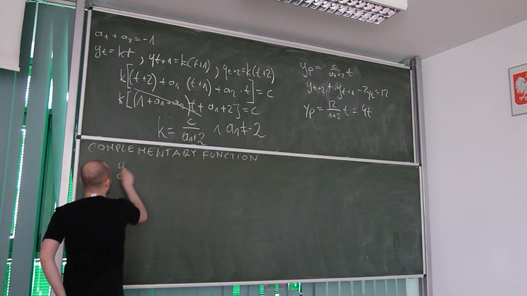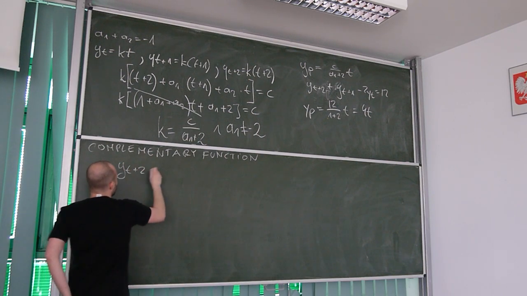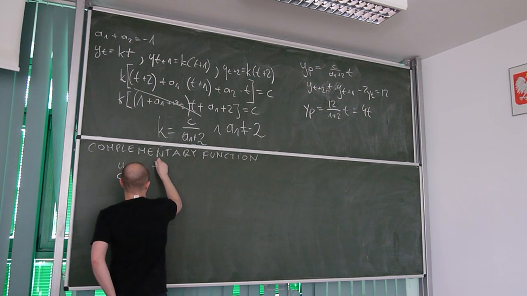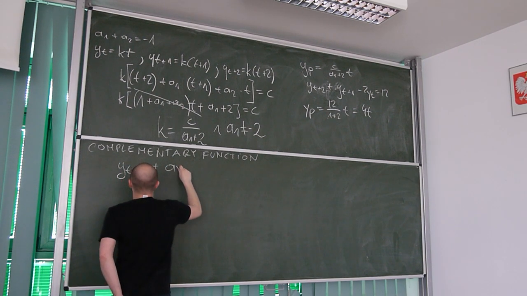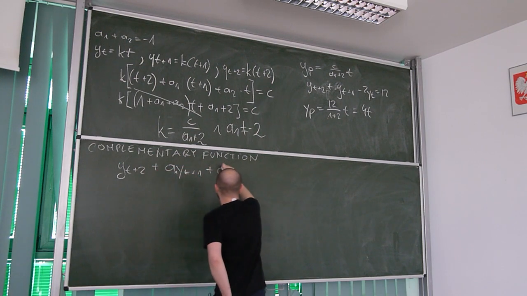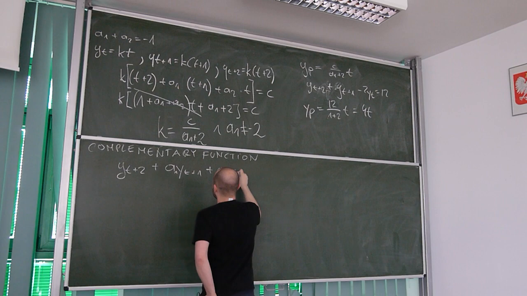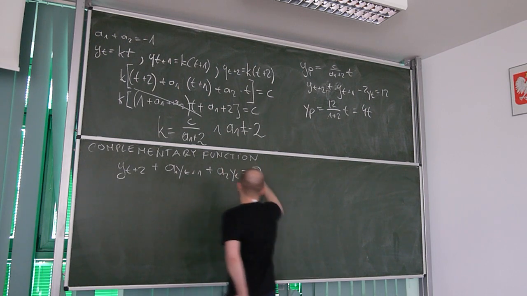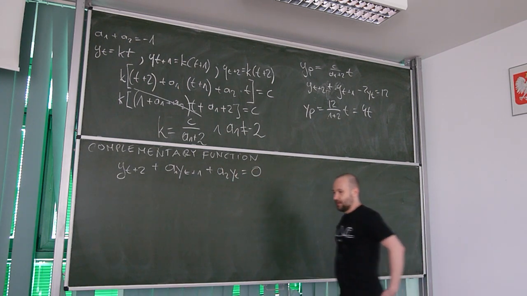We just need to solve the homogeneous equation. So at this moment, we can drop the constant c and replace it with 0.